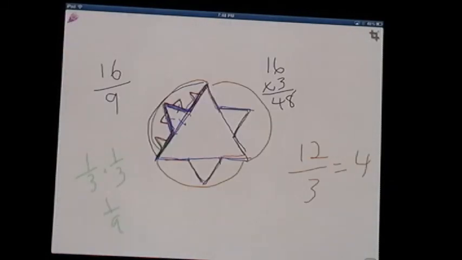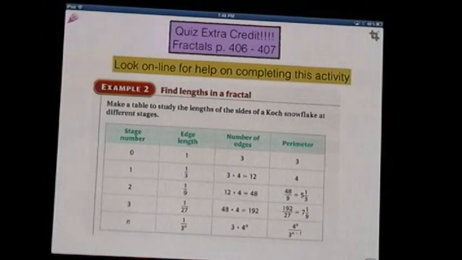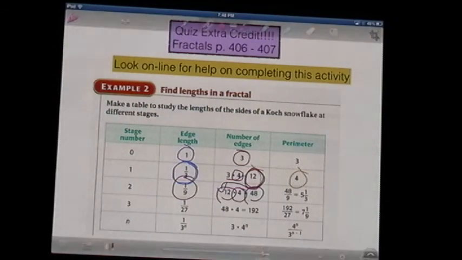That's because each edge that we had, when we drew a triangle in it, we came up with 4 more sides. So we went from one edge to 4 edges on each of our surfaces. So we're multiplying by 4.